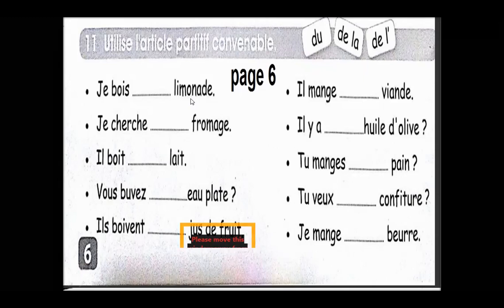Limonade. Before we answer, we have to know which type of noun this is, masculine or féminin. Du is used before masculine, de la before féminin, and de l' before the voyelle.